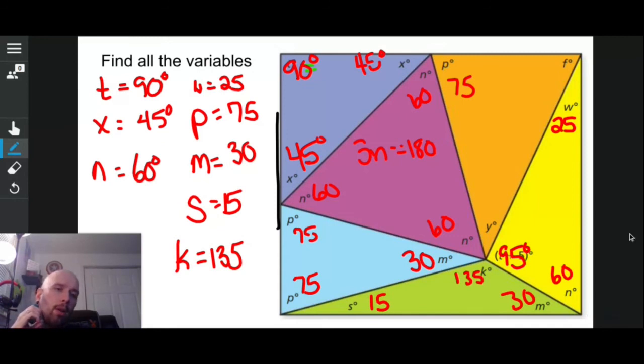F is the second part of a corner, where we already know W is 25. So this corner is 90 degrees. 90 degrees, take away W, take away 25 is 65. So F is 65.